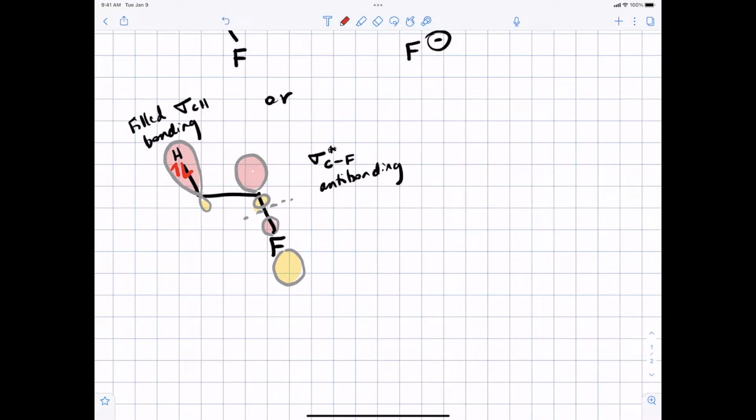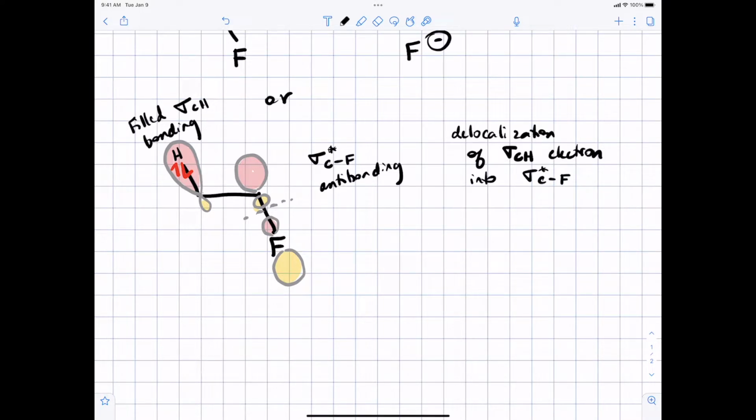And hyperconjugation is delocalization of the electrons in the carbon-hydrogen sigma orbital into the carbon-fluorine sigma star.